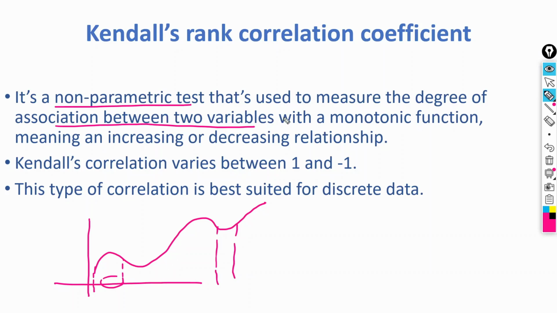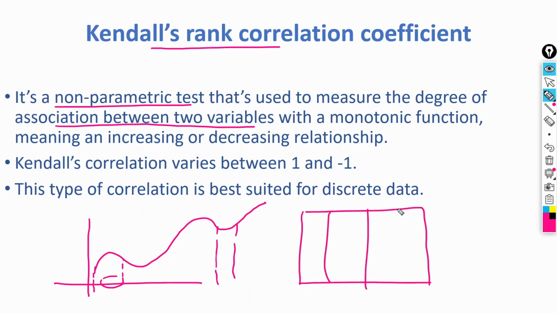So if our variables are monotonic and we want to check the collinearity between those variables, we can use Kendall's rank correlation coefficient. This is our data, and here we have some features f1, f2, f3 and f4.